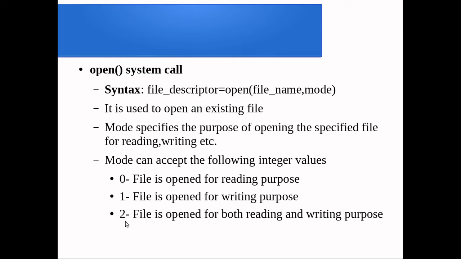And if the mode argument value is equal to 2, it is opening for both reading and writing purpose. So that is the next file related system call, open system call. It is used to open an existing file, and once it is opened, it will return the file descriptor. And we will be sending the file name and mode of the file as arguments to the system call.